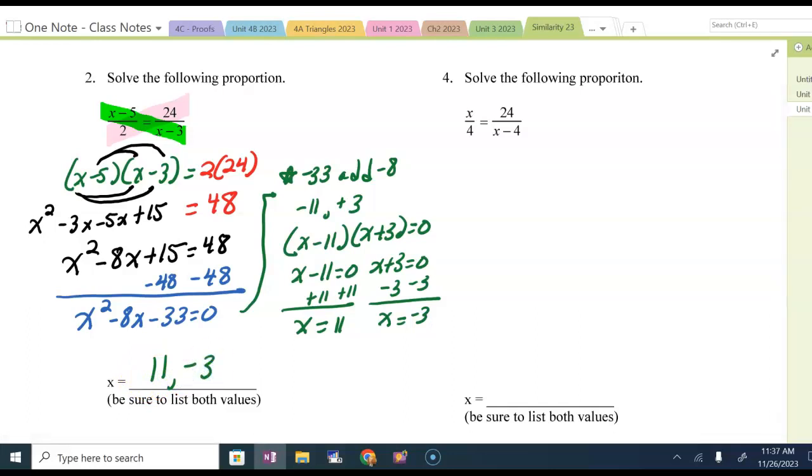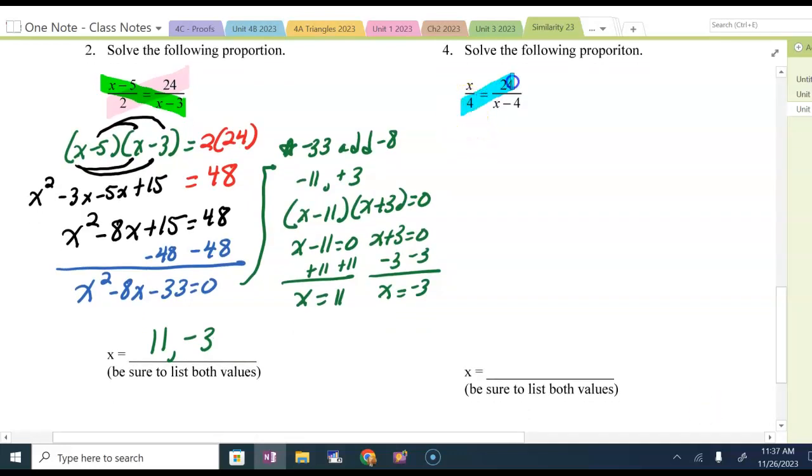And finally, let's look at example number 4. It is similar to number 2. We're going to again cross multiply. So 4 times 24 is equal to x times x minus 4. Doing that on my calculator, 4 times 24 is 96.